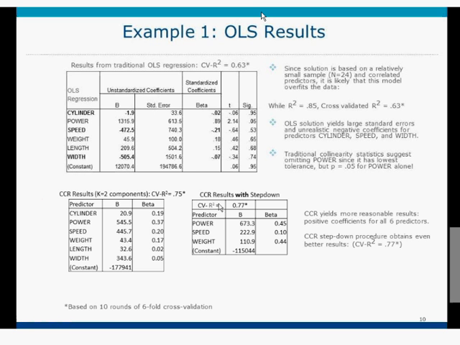It goes up to 0.77. So this would be our final model here, a model with 3 predictors. And we'll discuss how to get this. What do I mean by 2 components, etc.? Here, cross-validation was based on 10 rounds of 6 folds. So I'll be talking about what that means.